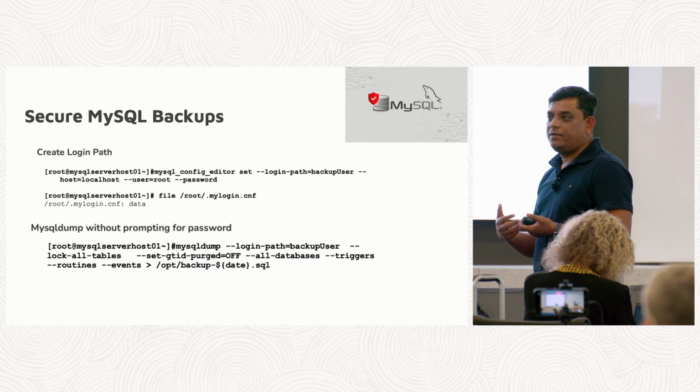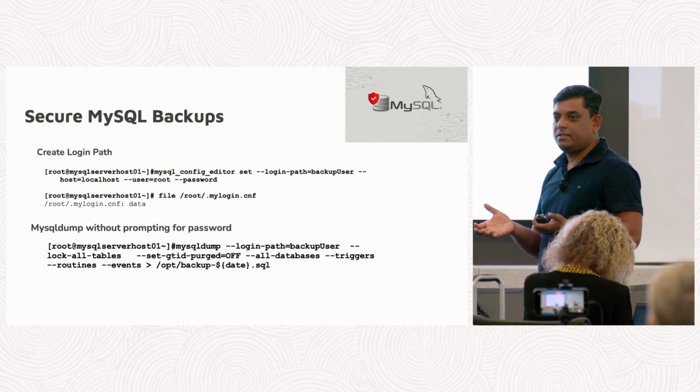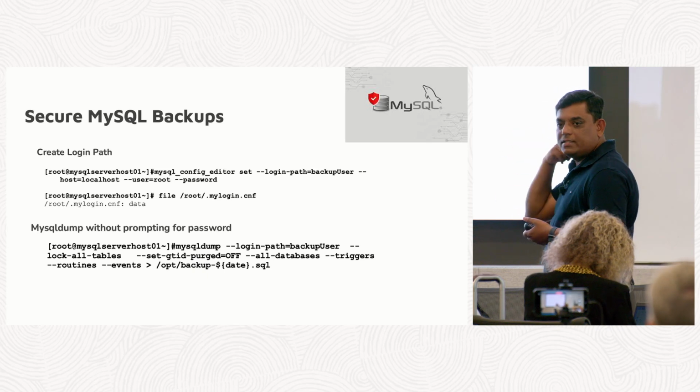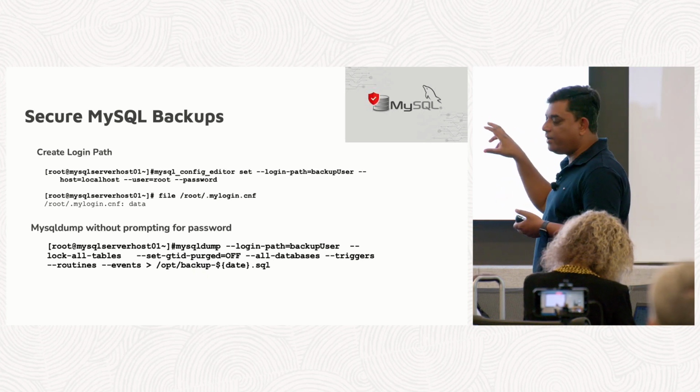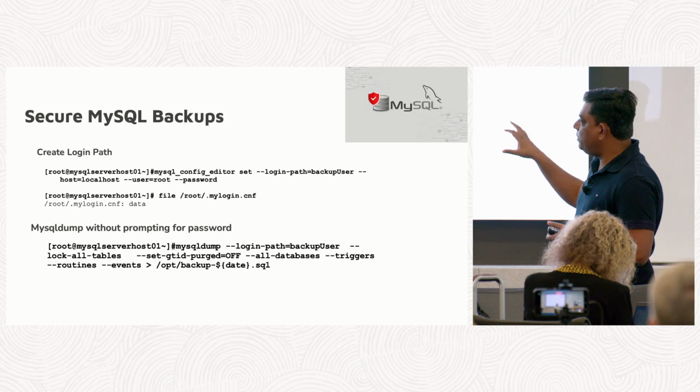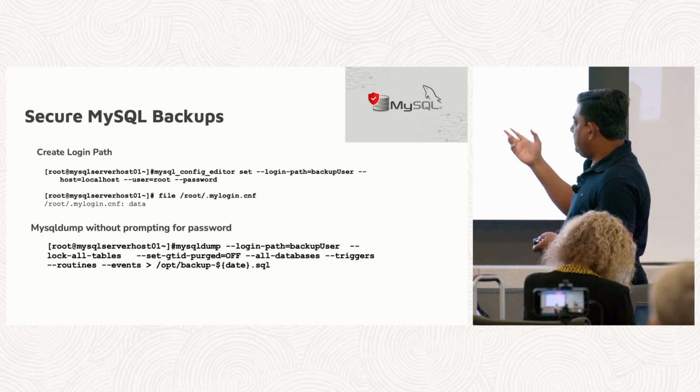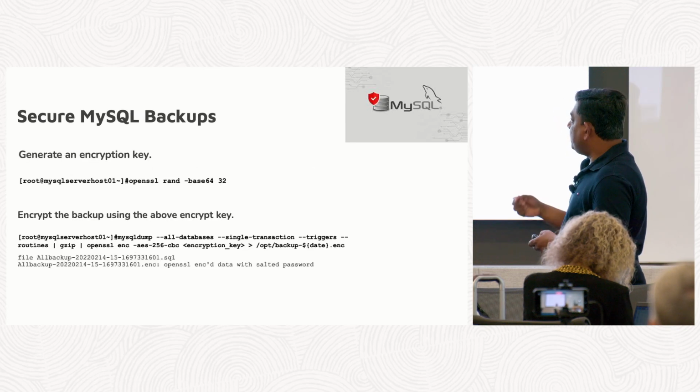Usually we have a tendency for backups and everything to use shell scripts and hard code all those passwords in them. So this avoids that requirement. You can use this login file and take a backup so that you're not storing the passwords anywhere directly.